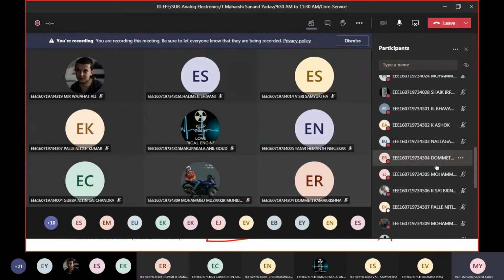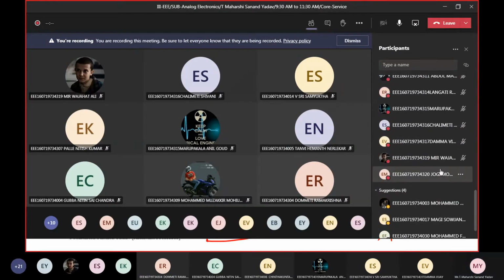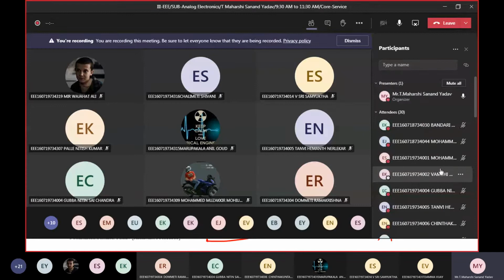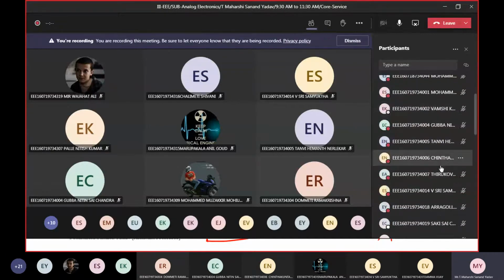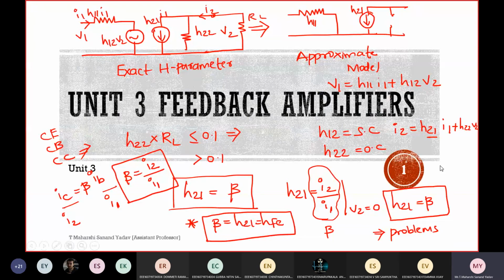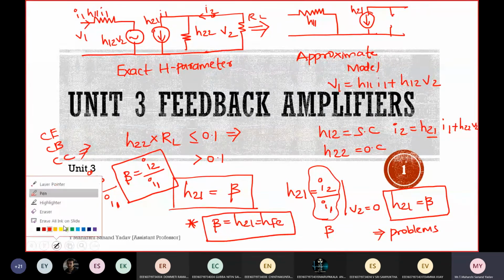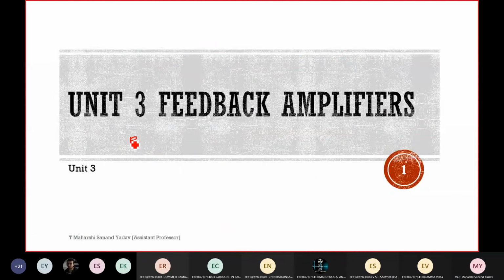Roll number 304. What is the difference between input impedance and overall input impedance? So no one has revised, I think.